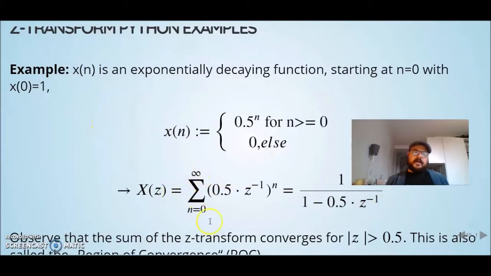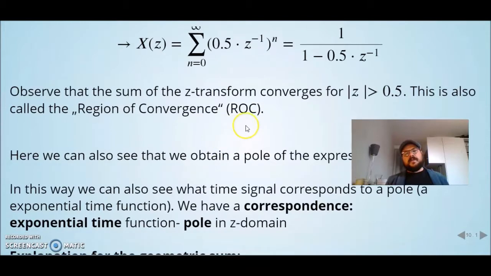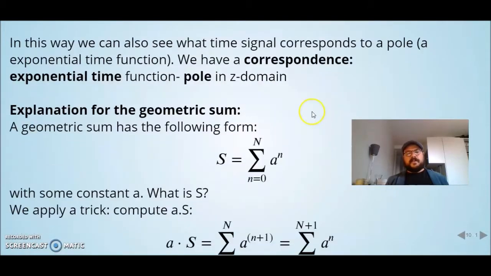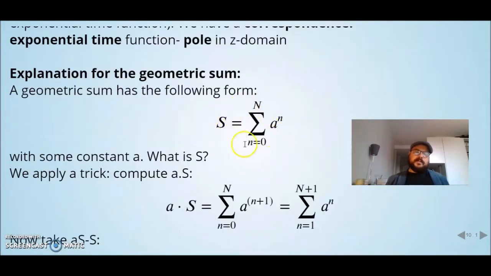So let's see how did we solve this, how do we go from here to here, and let's make use of the geometric sum. So the geometric sum is a summation like this. So let's use a trick. If we multiply this here by a, we will have a times s.